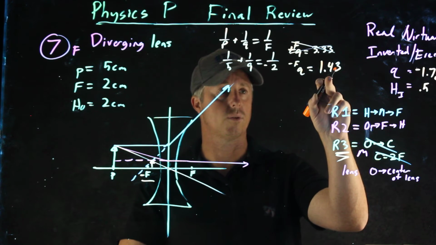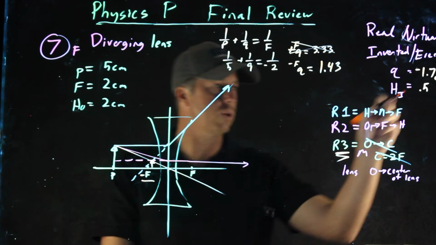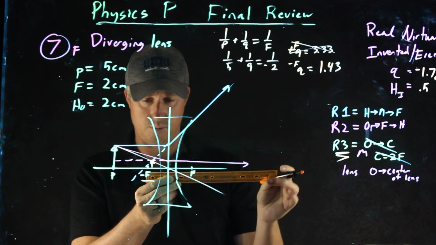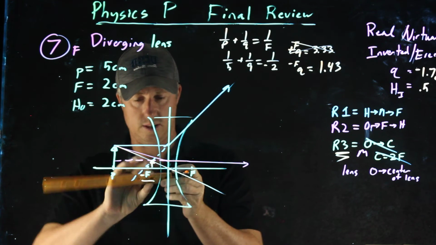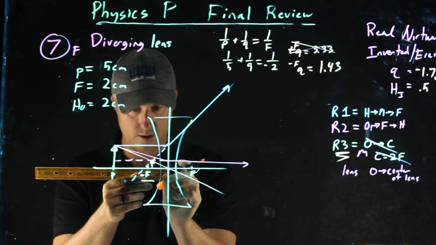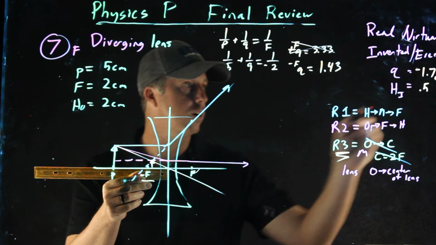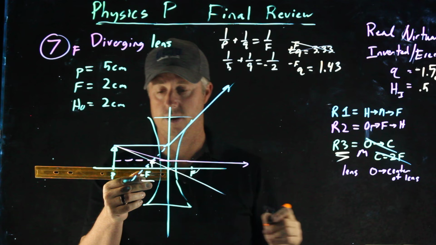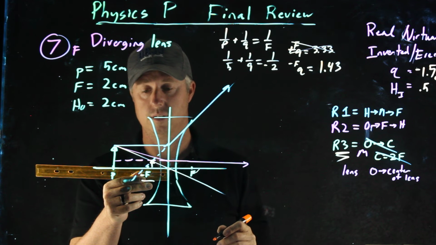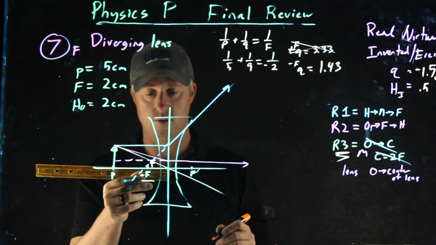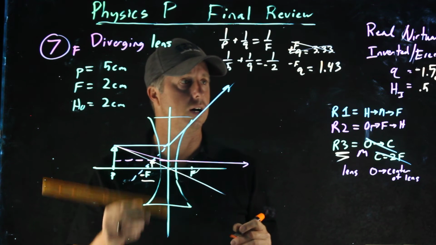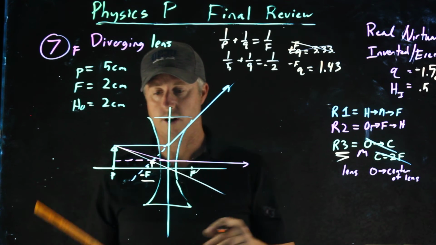So 1.43. I would then relook at this, 1.7 or 1.43. You know what, let's draw it this way so it measures out. My line actually is about 1.5 on the nose. So I did a poor measurement. On top of that, with my poor measurement, that would kind of throw me off a little bit.